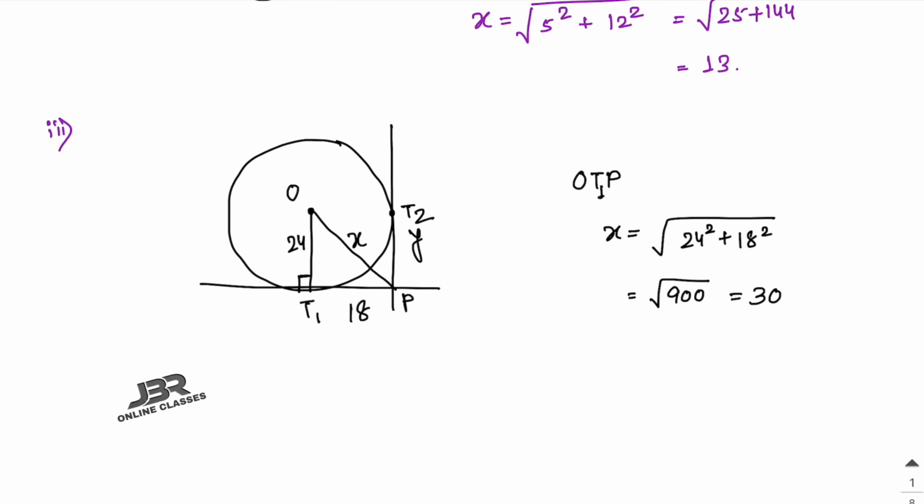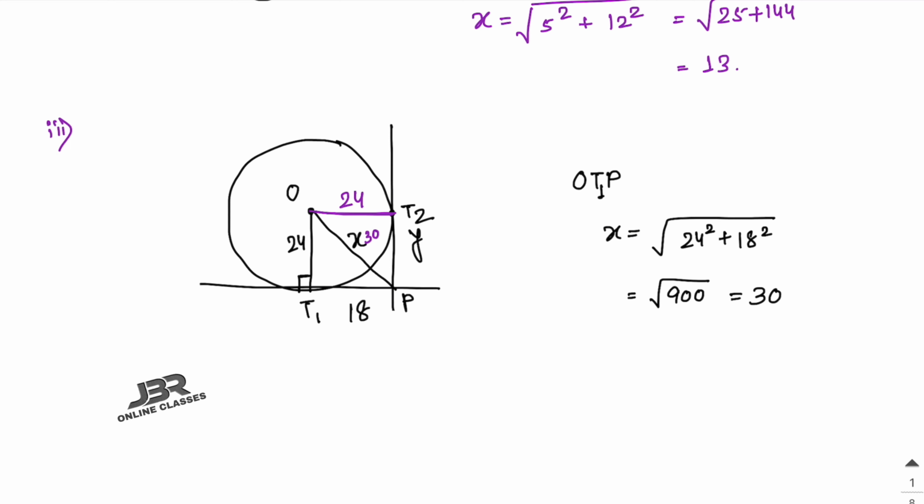Next one, you have to join this one. As x equals 30, write down 30 here, and OT2 equals also 24, because they are radii of the same circle.